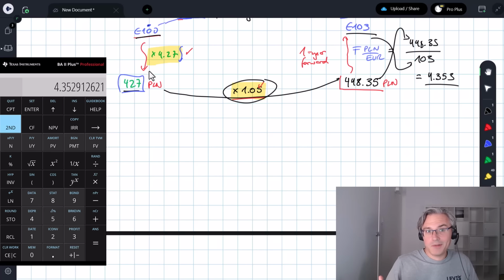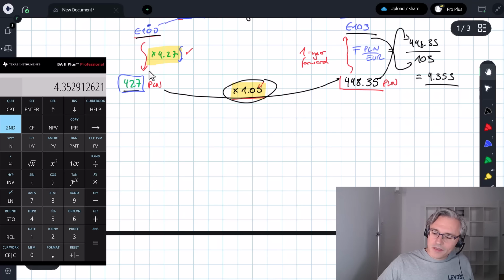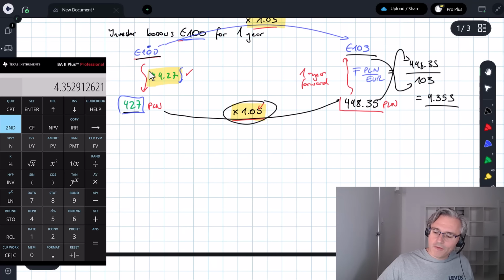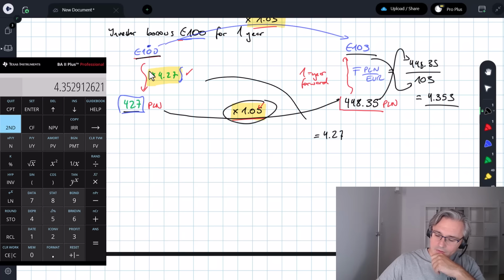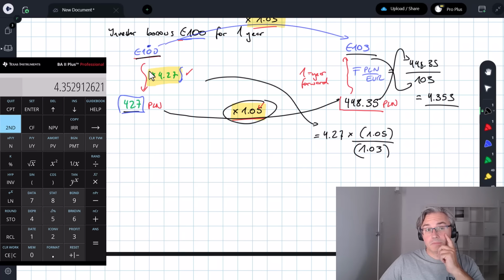So, as you can see, this forward rate, or the implied forward rate as we often call it, was really a function of the spot rate, 4.27, multiplied by 1 plus the interest rate in Poland, divided by 1 plus the interest rate in the Eurozone.